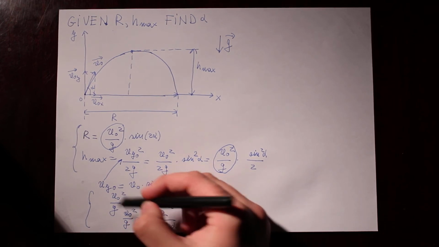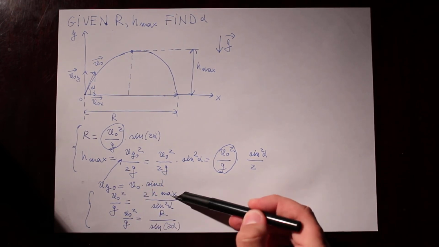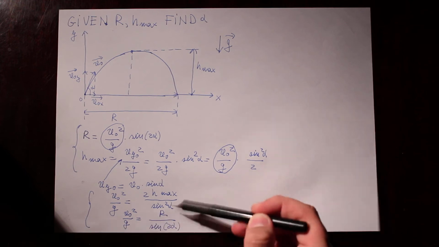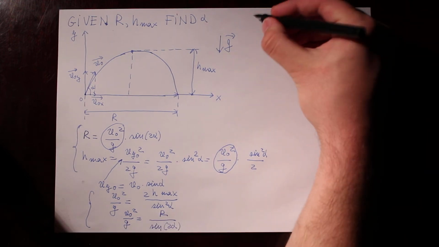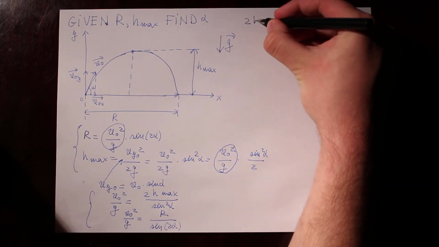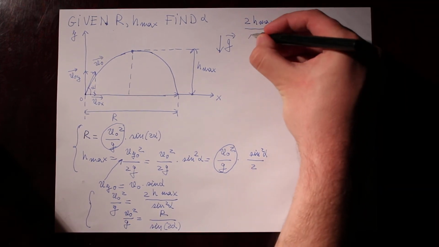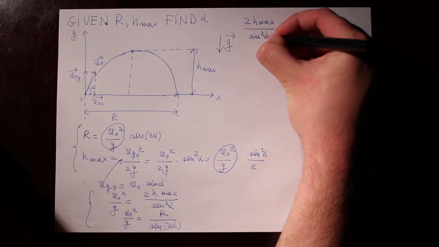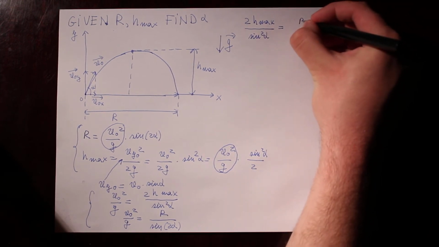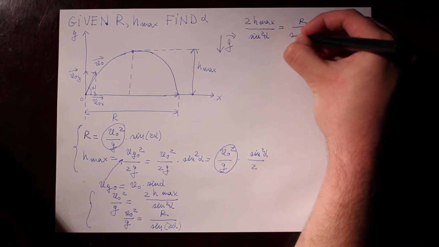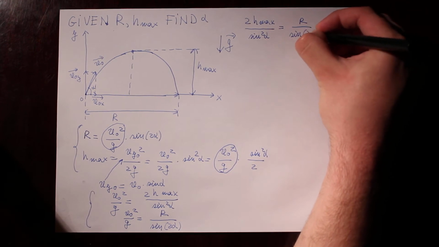And so these quantities are equal, which means that these quantities are also equal. And so we have 2h sub max divided by sine squared of alpha equals r divided by sine of 2 alpha.